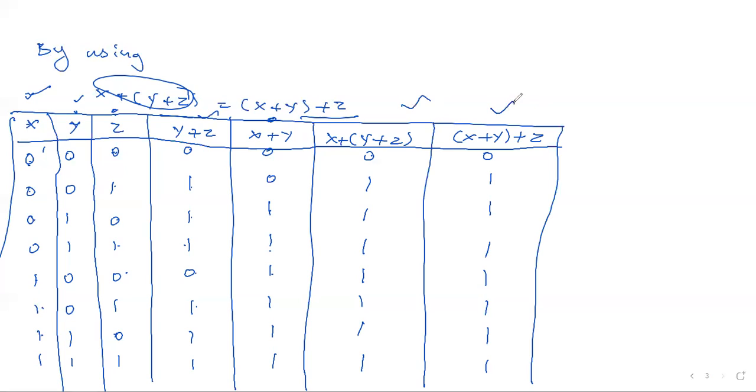By observing these two columns, therefore x or y or z is equal to x or y or z. Just observe this. If you have any doubt, ask me.